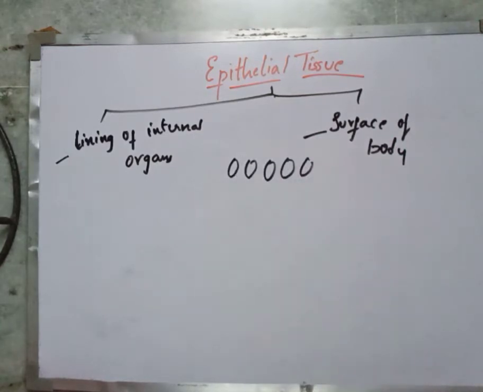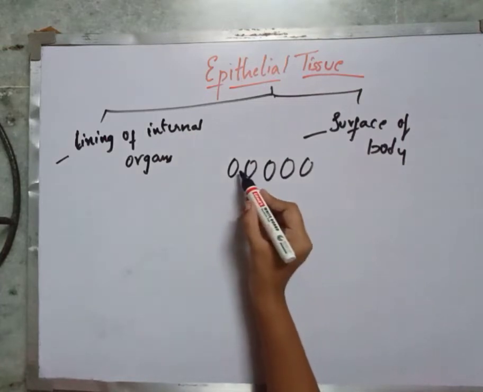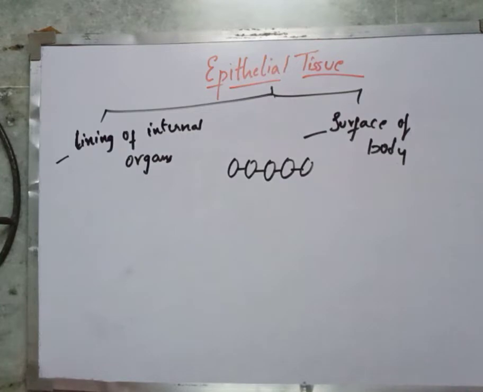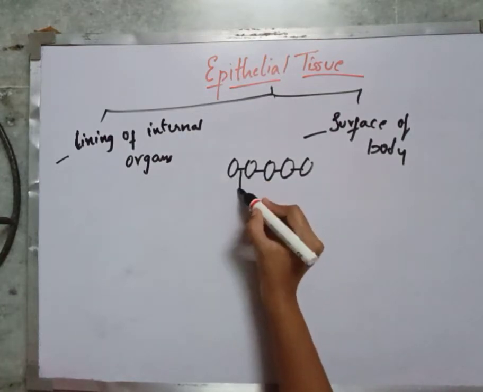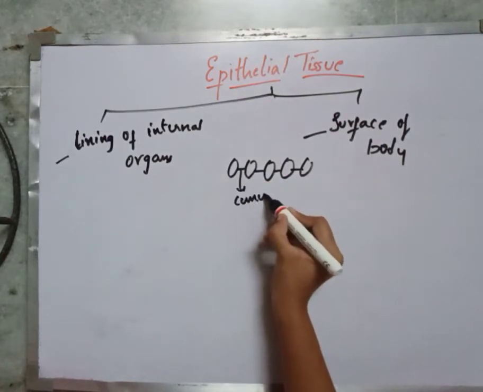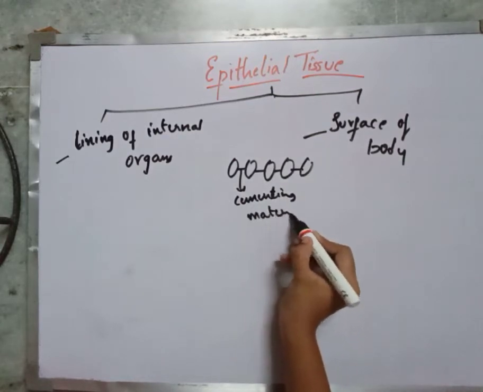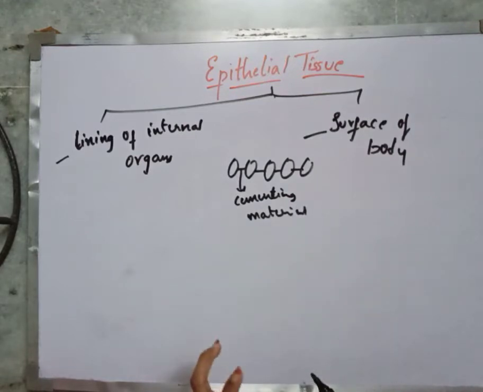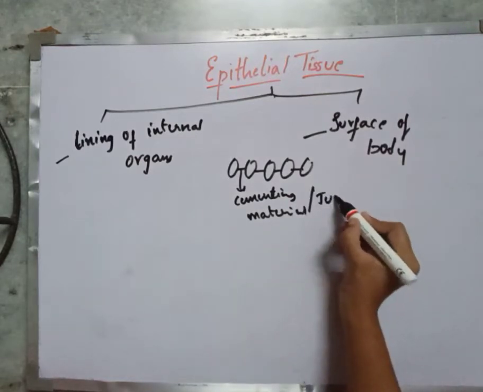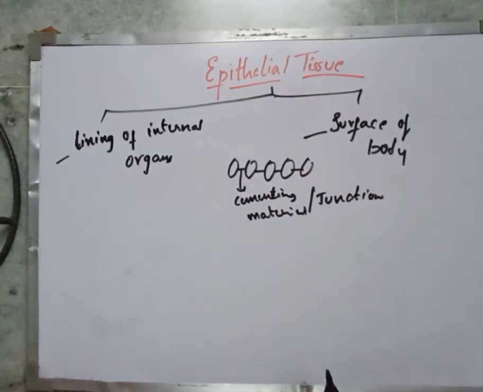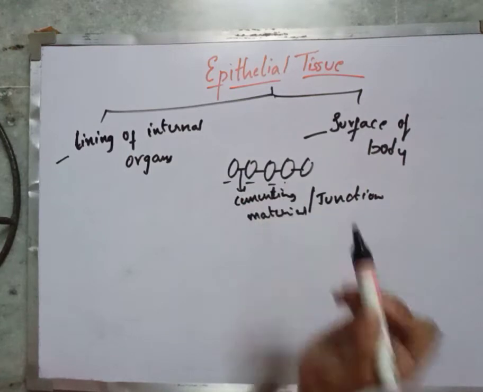The tissue contains different types of cells, but how do this many cells combine into a tissue? Some type of cementing material is present between the cells. This material is useful for holding the cells together. This is called a cementing material or junctions, and it is useful for binding all the cells in a tissue.